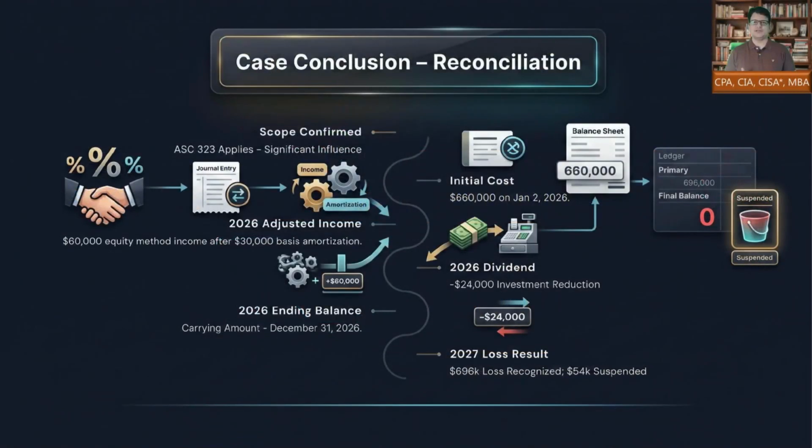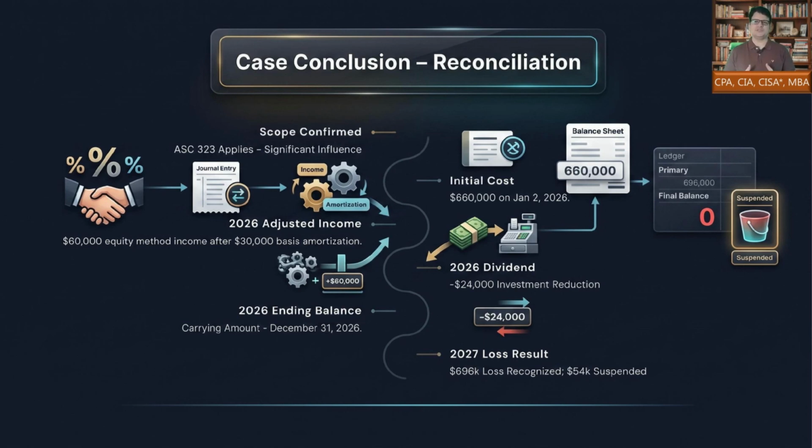The full case conclusion ties everything together. ASC 323 applies because Vertex has significant influence without control. The initial cost is $660,000. The 2026 adjusted equity method income is $60,000 after $30,000 of basis amortization. The 2026 dividend reduces the investment by $24,000.